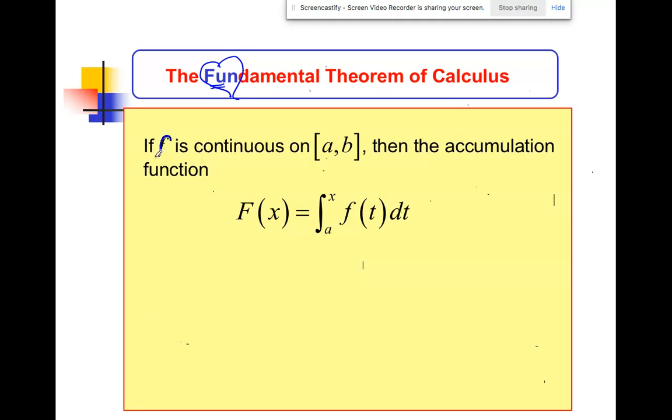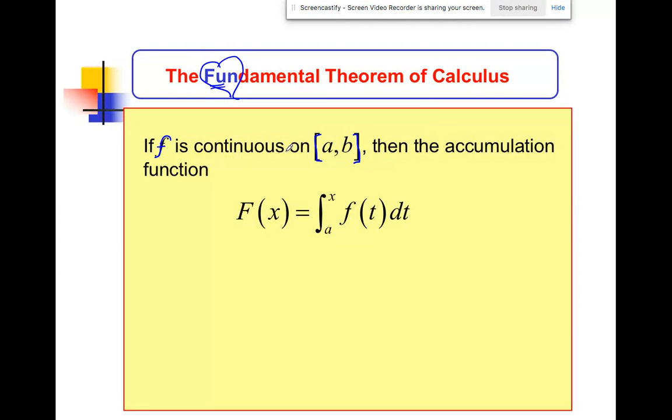If little f is continuous, all I need for the fundamental theorem of calculus is continuity. That's why continuity has been stressed to you over and over and over again. If you have continuity on a closed interval, which means all of our lovely functions from our past, all our polynomials, sine and cosine, they are, no matter what interval you choose, continuity.